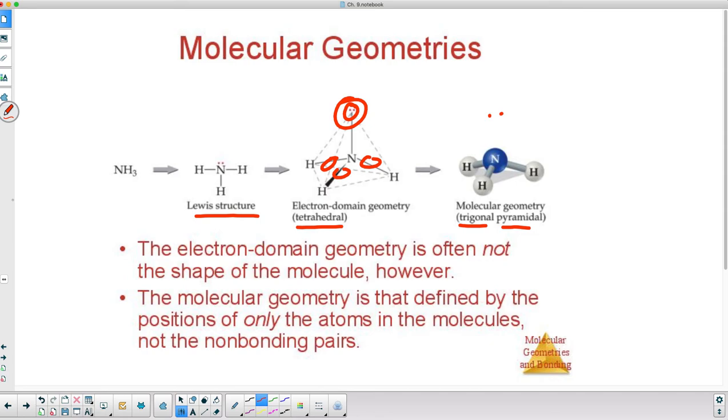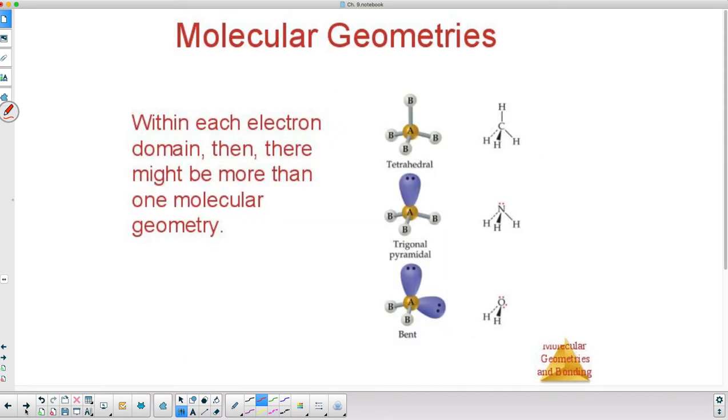So the molecular geometry is that defined by the position of only the atoms in the molecule, not the non-bonding pairs. So we don't see the non-bonding pairs up above, and that's why I just erased them to prove that point. So within each of the electron domains, there might be more than 1 molecular geometry.